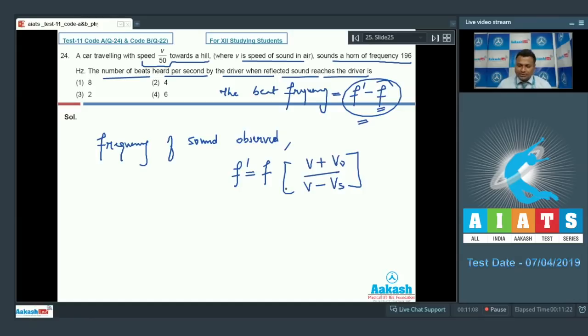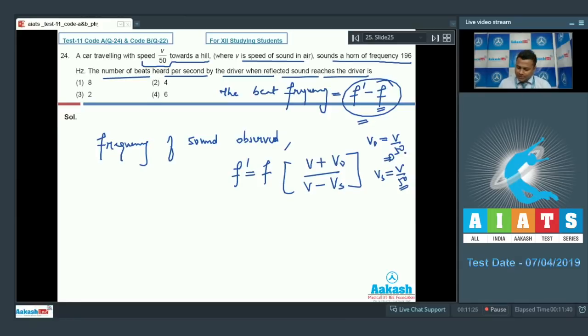So that's why we have used this formula. Now vo here given v by 50, vs will also be v by 50. The car is moving with v by 50 speed and observer will also move with the same speed, that of car.